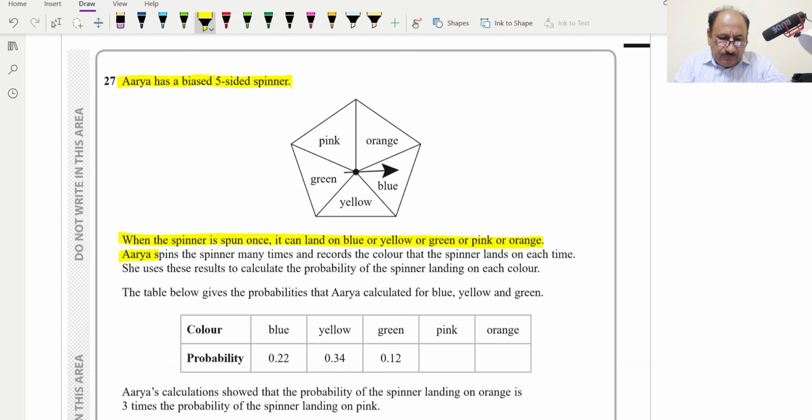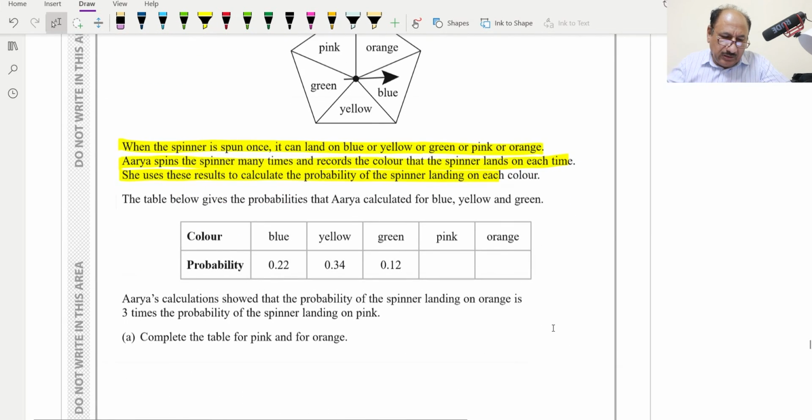Arya spins the spinner many times and records the color the spinner lands on each time. She uses these results to calculate the probability of the spinner landing on each color. The table below shows color and probability. They have shown the probabilities for 3, and 2 are missing.